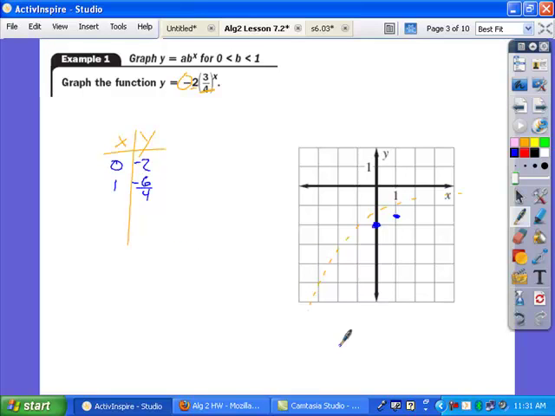If I go to the second power, 3/4 squared is 9/16, and that times negative 2 is negative 18/16.